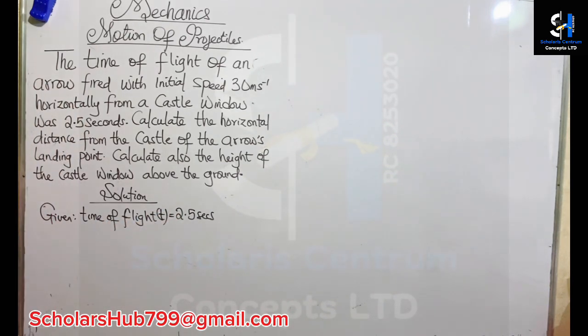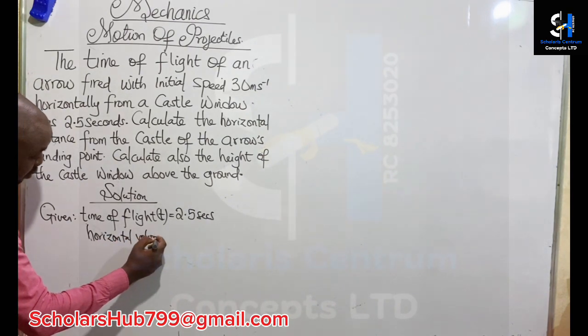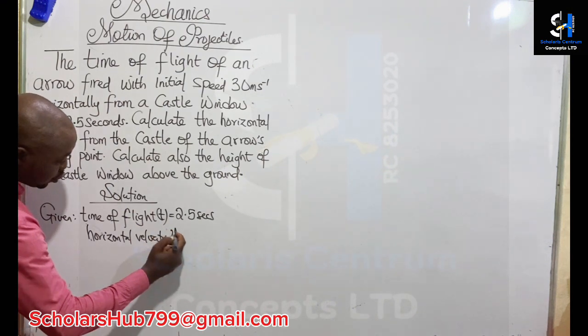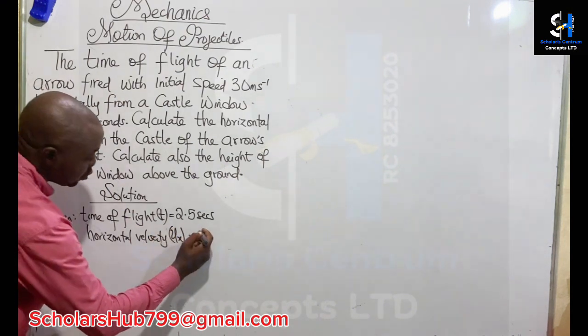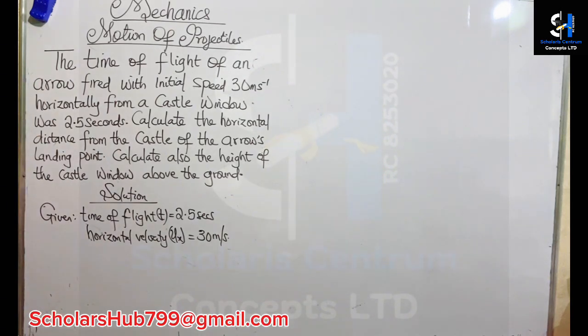We are also given the horizontal velocity, ux, which is 30 meters per second.